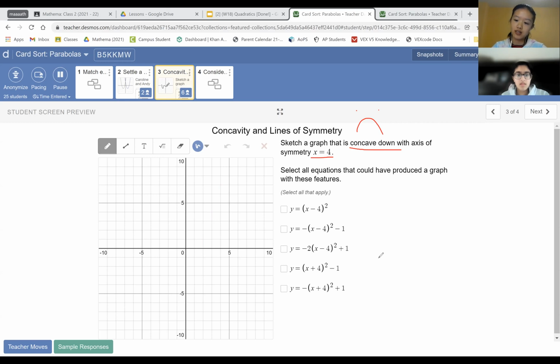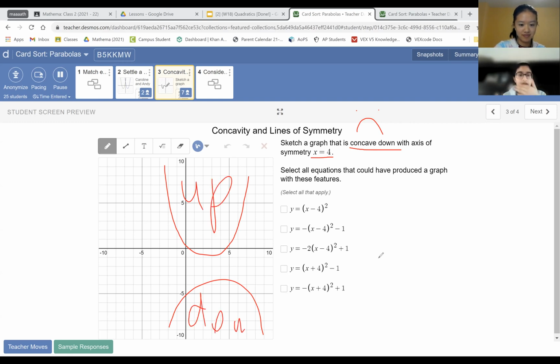I mean, all parabolas are concave, but it's dependent on the direction. Not all parabolas are concave up, because not all parabolas curve so that they're facing upwards. The same thing applies for concave down. If you swapped x and y, then I guess you could say concave left or concave right, but no one does that.